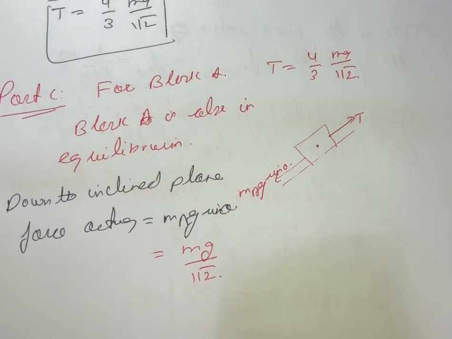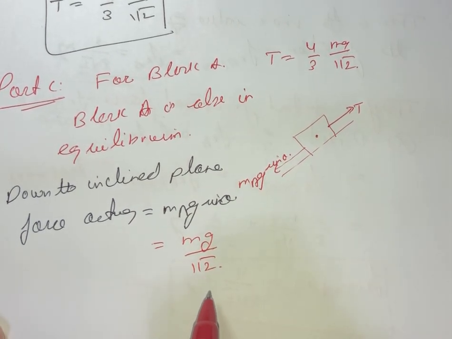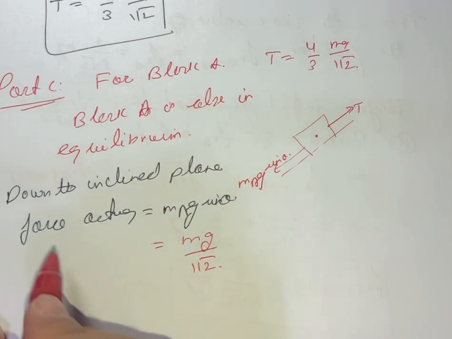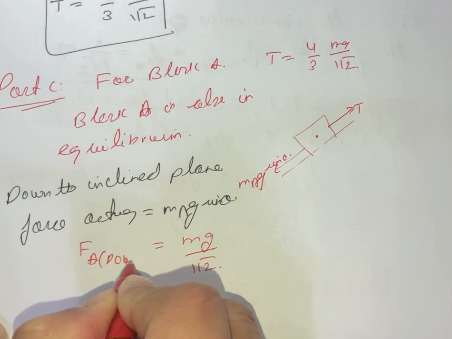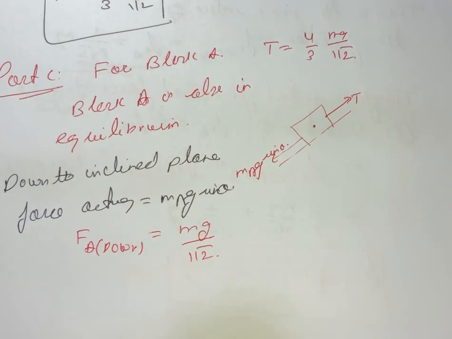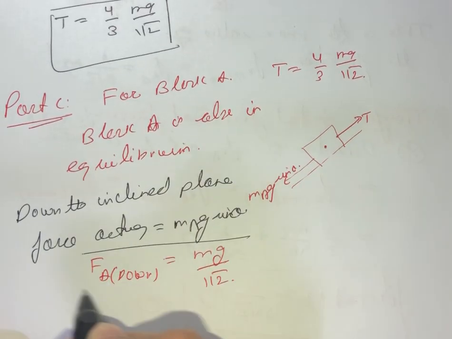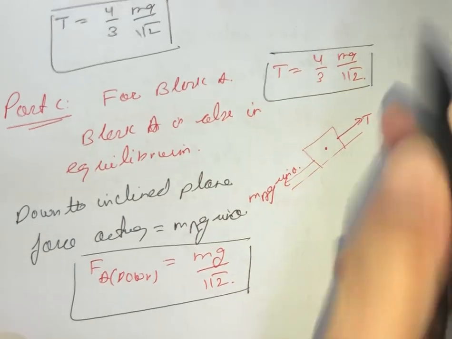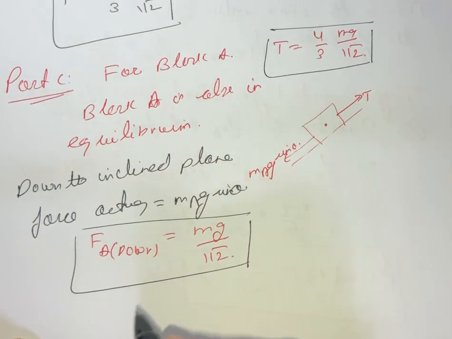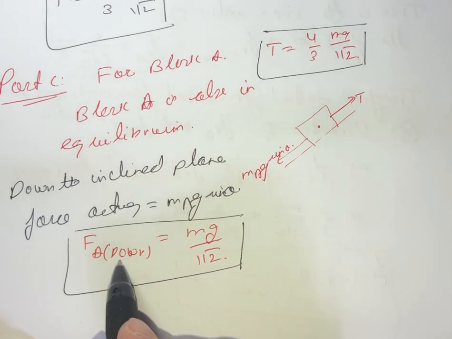Let us call this FA down. Now if you make a comparison between the downward force for block A and tension T, you can clearly say that tension T is greater than FA down.